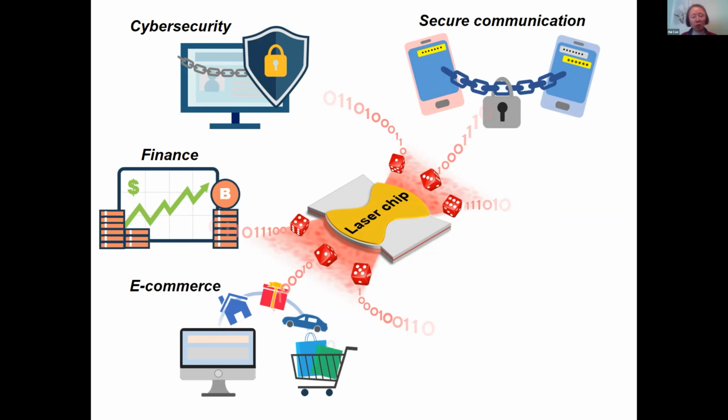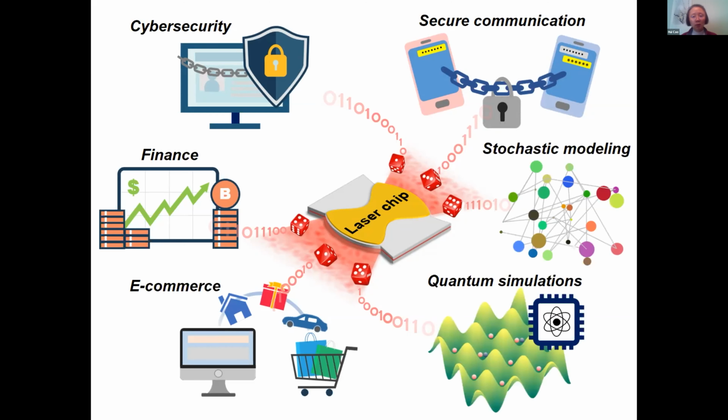The ability to generate a large number of random numbers at very high speed will be very useful, and is becoming increasingly important for all these online activities. Besides cybersecurity, this high quality of random numbers will also be very useful for stochastic modeling and for quantum simulation.